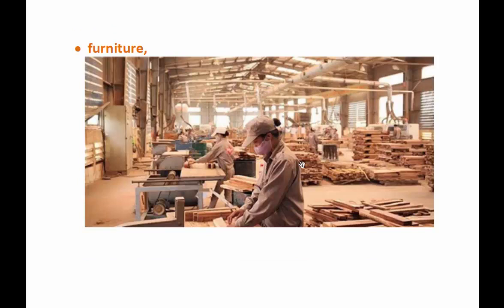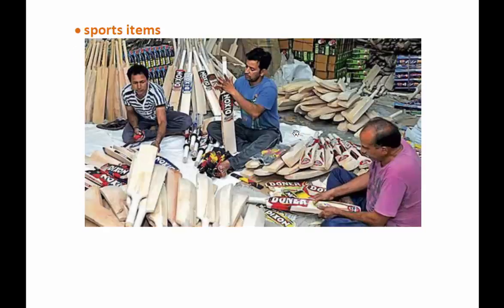Even the furniture industry, which produces different types of chairs, tables, etc., is also a part of this forest-based industry. Even sports items such as cricket bats are made from willow tree, which is a forest product. So they are forest-based industry.